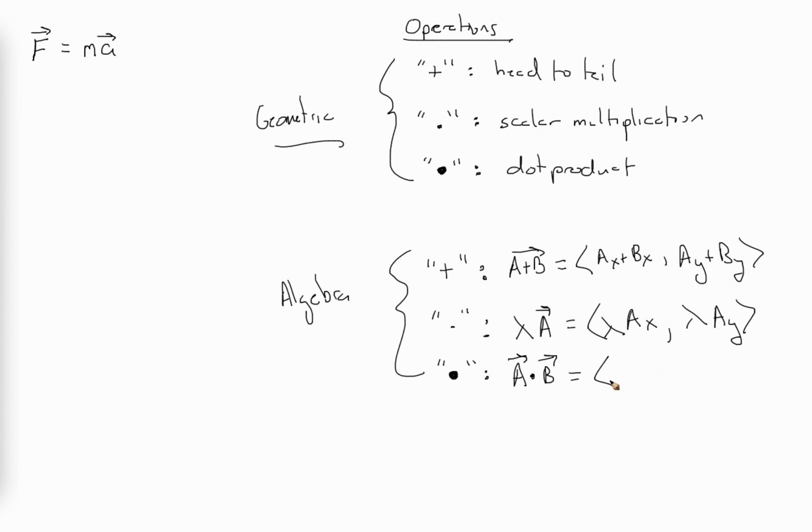Sorry. In component form, it's very easy. For the dot product, you just multiply the components. So you would take ax times bx, and then you add that to ay times by. And in fact, I don't need a vector symbol here because the product is a scalar, not a vector. So let's just get rid of that.